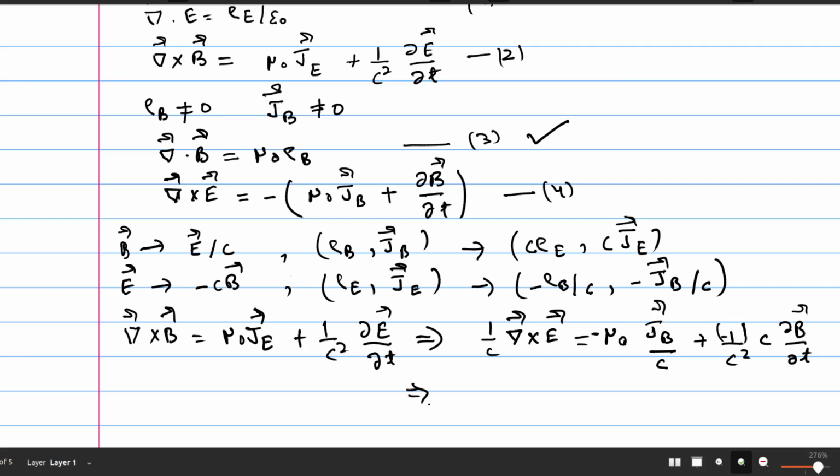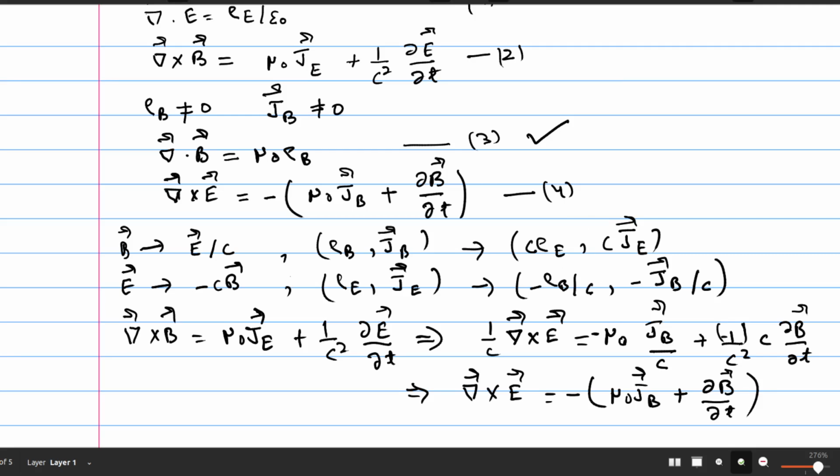So this gives curl of E equals, C cancels, we get minus mu naught JB, and this C again cancels this C here, we get plus del B over del T. So this is the fourth equation.